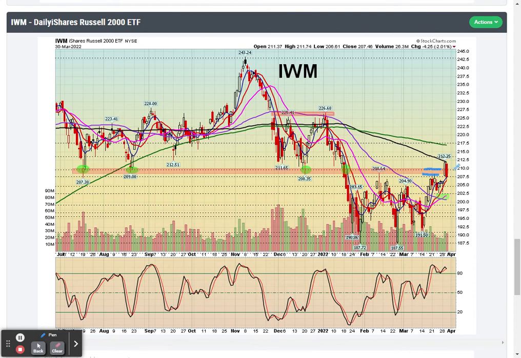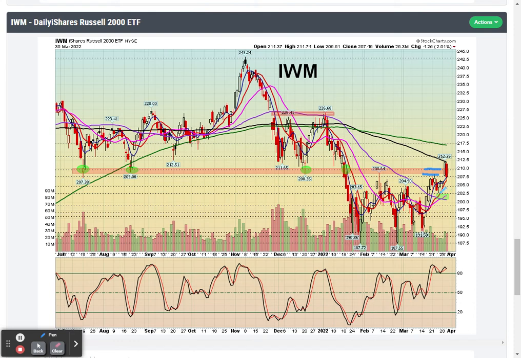Hard to be bearish though. It is still above the 5-day and the 10-day moving average. So the 5-day and the 10-day moving average could act as very strong support. If tomorrow we dip below that, then it'll be a different story.